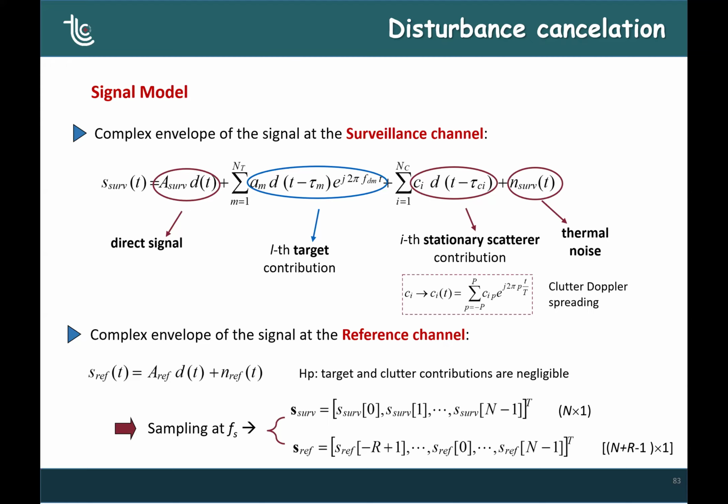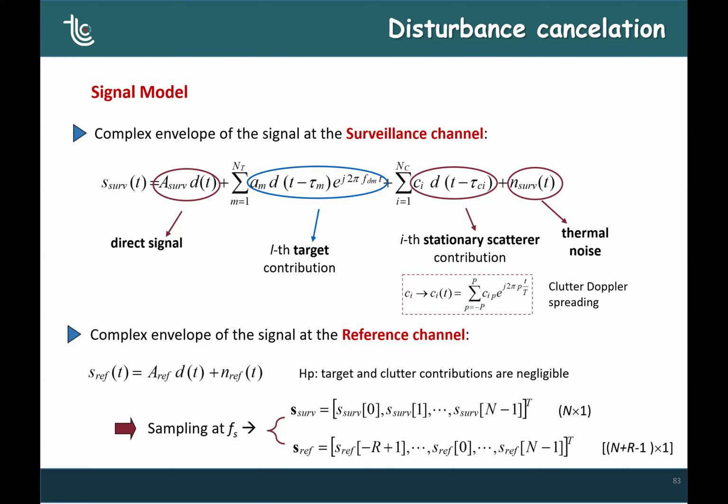Then let's look at the third term. The third term is the clutter. So we have NC sources of clutter, where if the clutter is stationary, then the Doppler frequency of each component is 0. So you see that there is no exponential term multiplying each component of the clutter. But each component of the clutter has a delay tau Ci and an amplitude Ci.